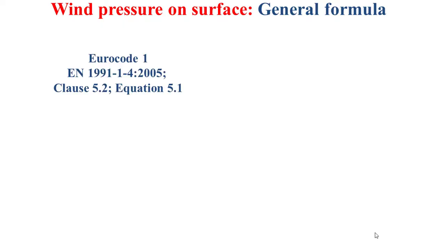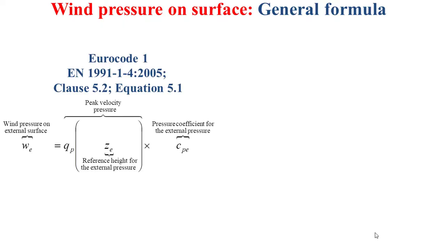Now I'll explain how to determine the wind pressure applied on external and internal surfaces. Based on Eurocode 1 standards, we can determine the wind pressure applied on an external surface, denoted by WE, as the peak velocity pressure, denoted by QP, evaluated at a certain reference height for the external pressure, denoted by ZE, multiplied by a certain pressure coefficient for the external pressure, denoted by CPE.